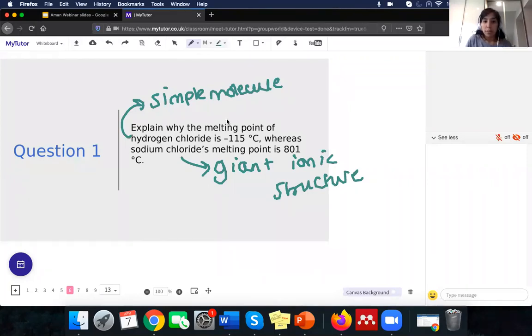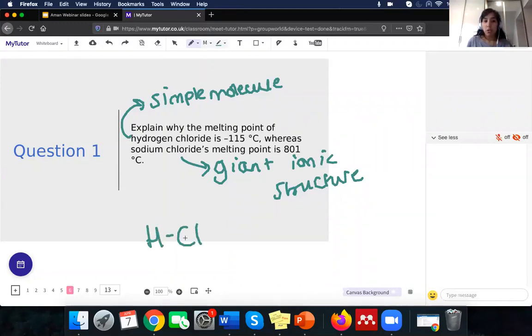Just before I go into that, someone's asking what the red line on the periodic table means. The red line is the difference between metals and non-metals. Some people have said that the simple molecule hydrogen chloride has these covalent bonds, which is correct, but it's not the covalent bonds that are being broken when we think about the melting point. It's the weak intermolecular forces between hydrogen chloride molecules.